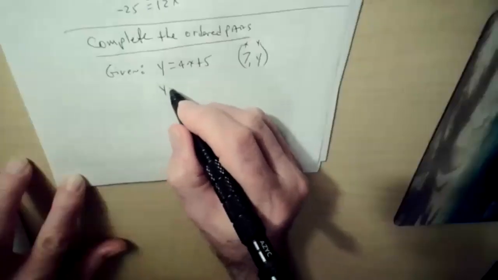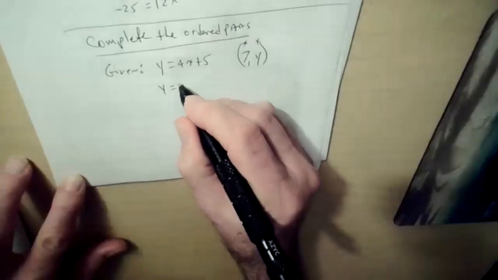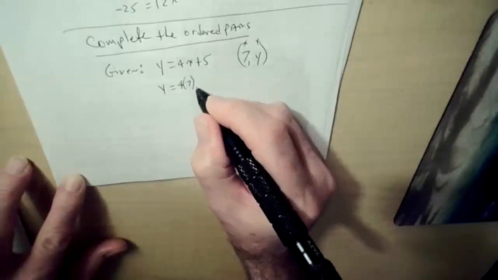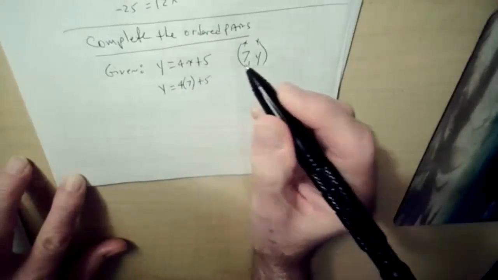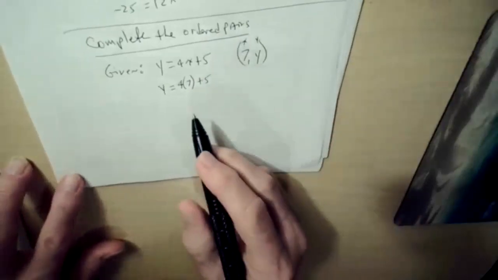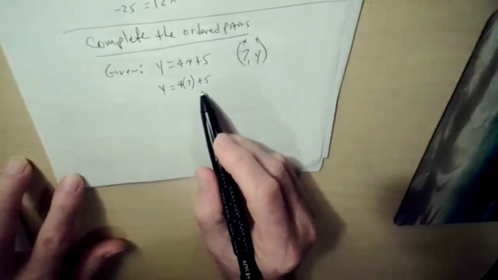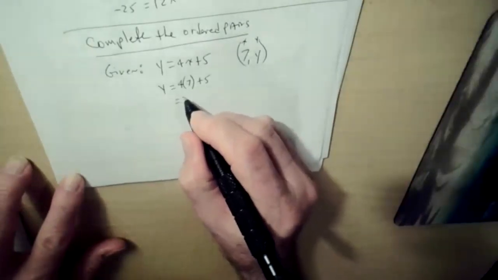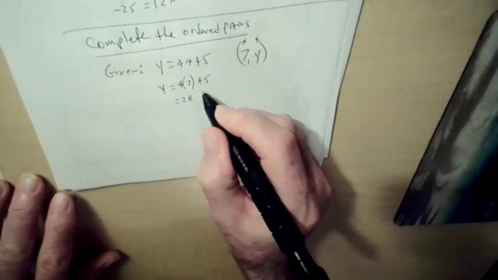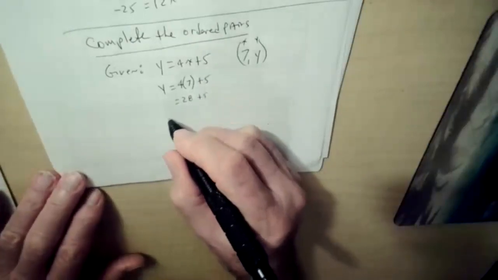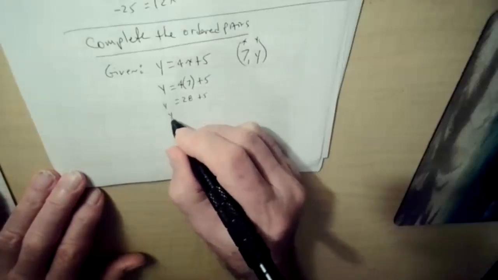So we're going to have to do a real simple algebra problem. It just looks different is all. So y equals 4 times x. What is x? 7, plus 5. Now we do order of operations. So we have 28 plus 5.